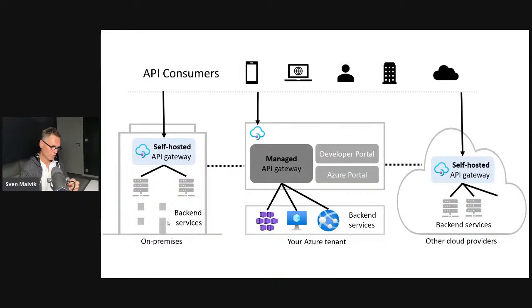But what you can do is deploy self-hosted API gateways. And your API consumers can then call the self-hosted API gateways that are running maybe at the same place as your backend services. What you still would need is a connection from where the self-hosted API gateway is to your API management instance, on I think port 8443 or 443.